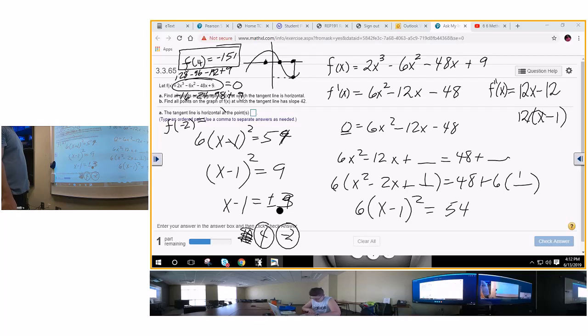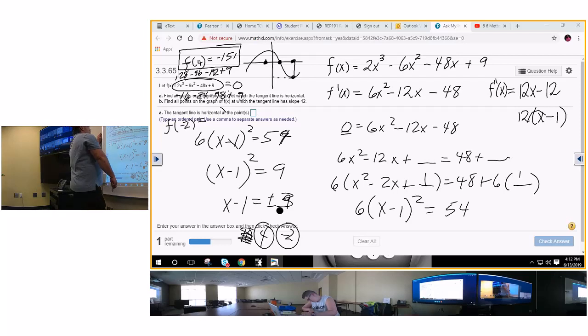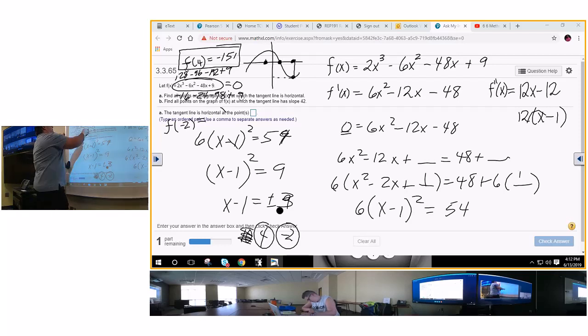Negative 40 minus 96 is negative 136. Plus 9 is what, 147, or if I go backwards, 127?